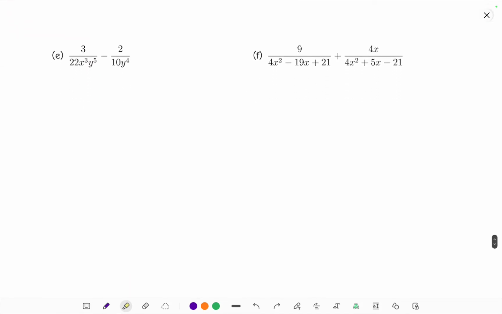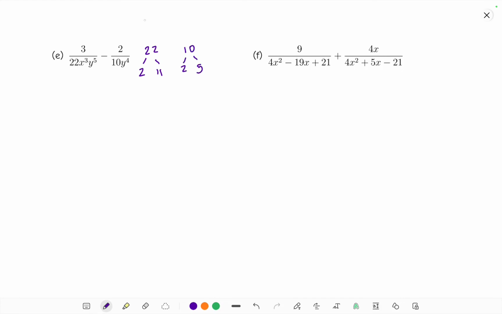So 3 over 22x cubed y to the 5th minus 2 over 10y to the 4th. Here, I'm just going to factor the coefficients. 22 factors into 2 and 11. 10 factors into 2 and 5.